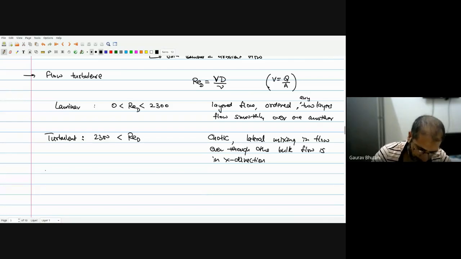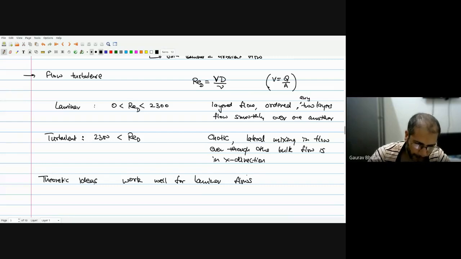Right. So let's summarize laminar versus turbulent. So the theoretical ideas that we have developed using integral and differential relations, they work well for laminar flow. So we'll study them first.